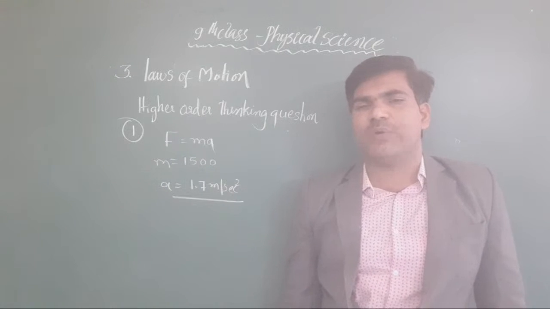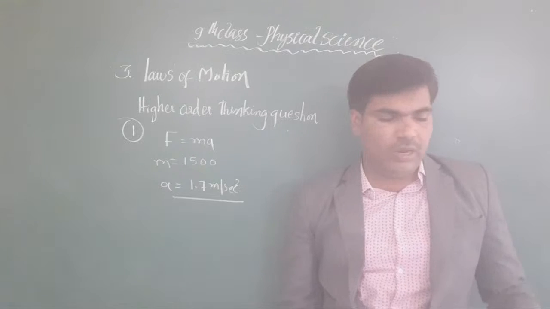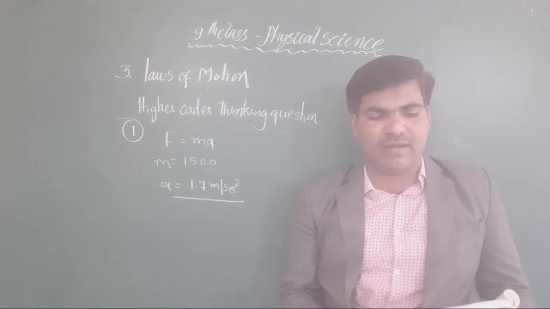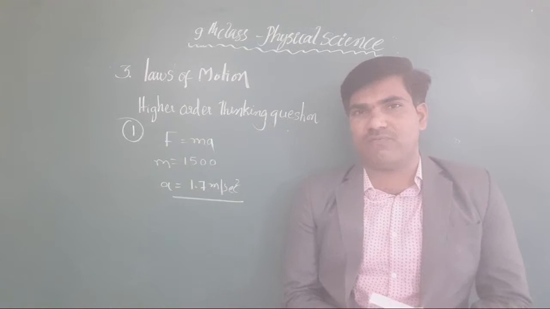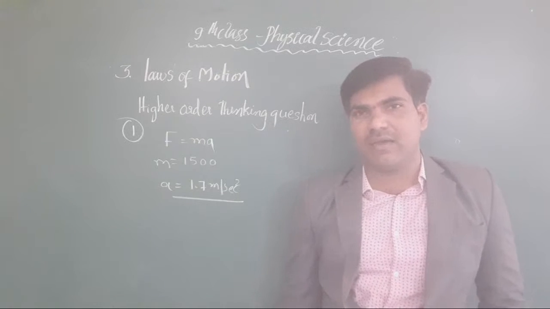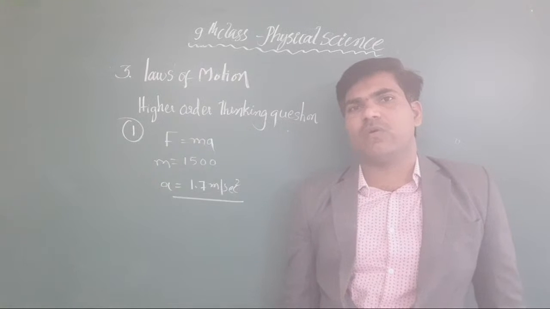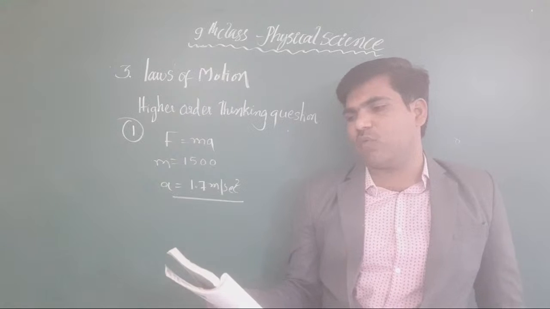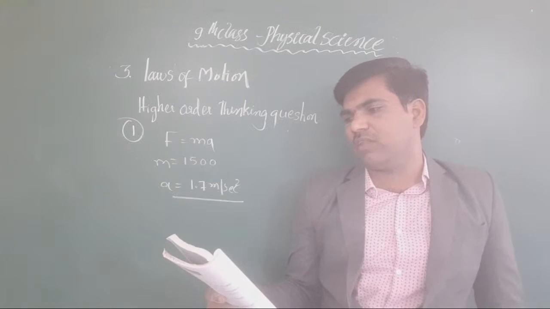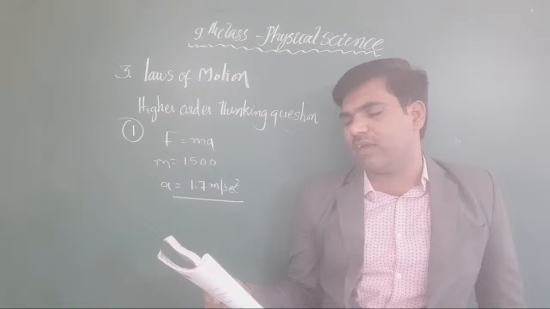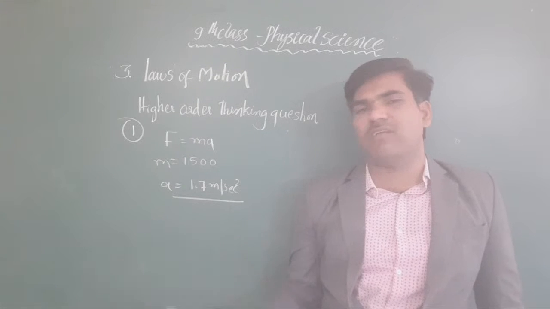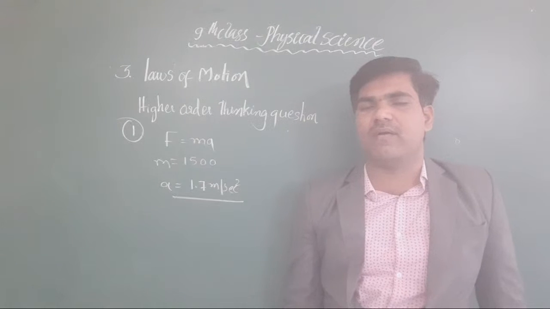Now here we take the F is equal to MA formula. The vehicle mass is already 1500 kgs, and what must be the force between the vehicle and the road if the vehicle is stopped with the negative acceleration of 1.7 meter per second square?